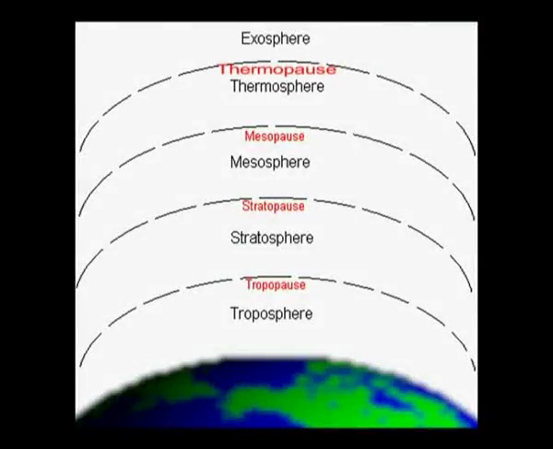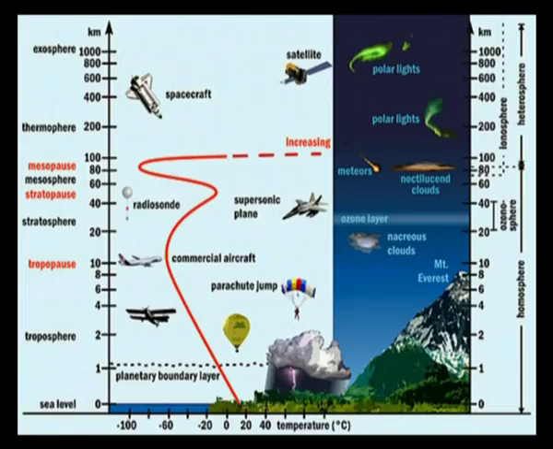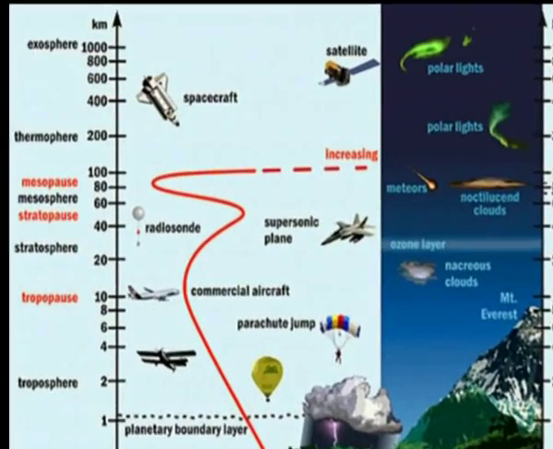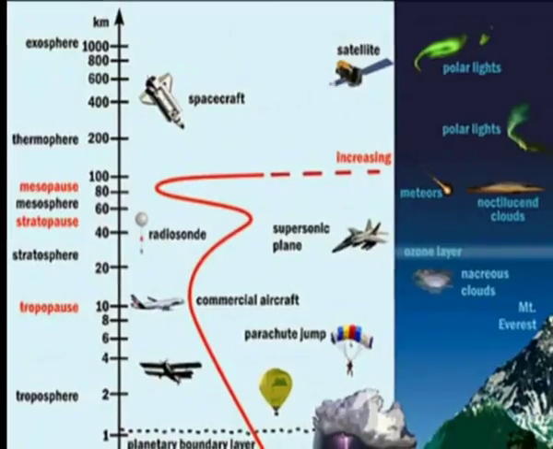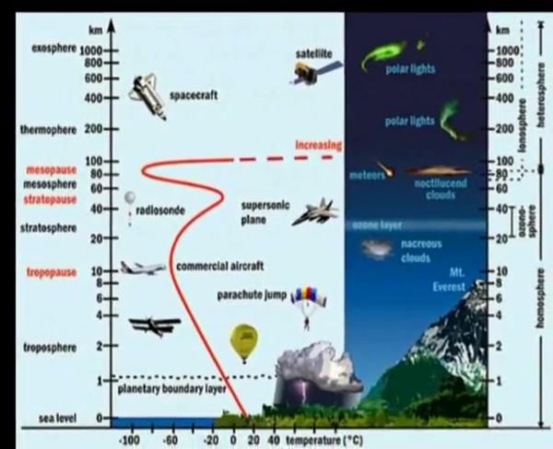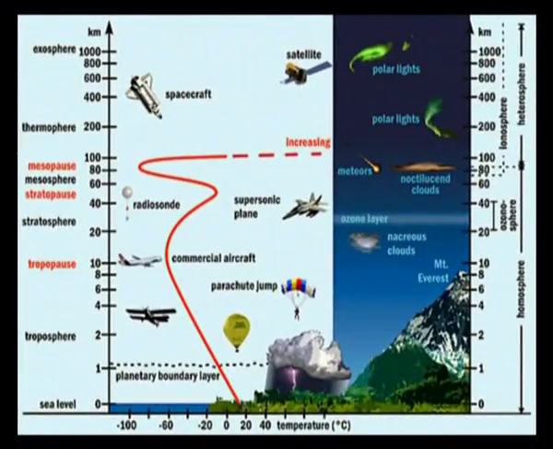The exosphere is the outermost layer of the atmosphere, and it is in this layer that our man-made satellites orbit the Earth. The density of the exosphere is so low that particles within it do not collide. As a result, particles in the exosphere can escape altogether from Earth's atmosphere into space.